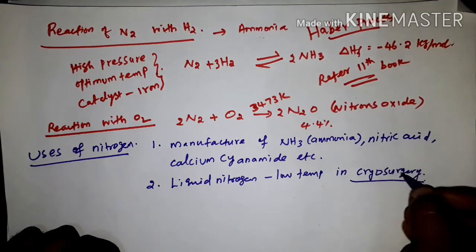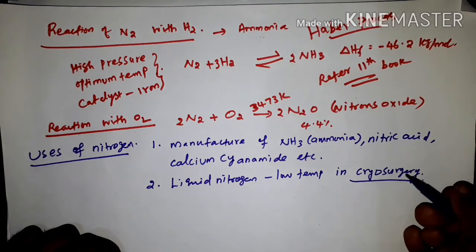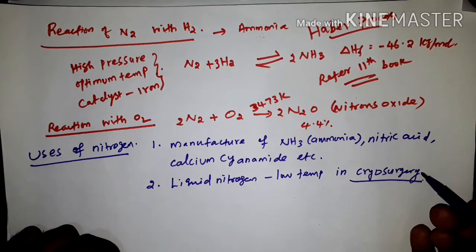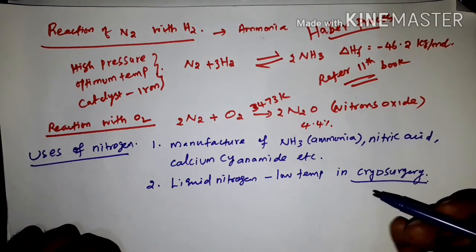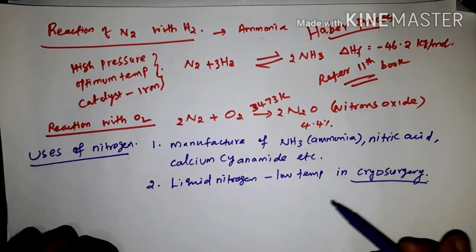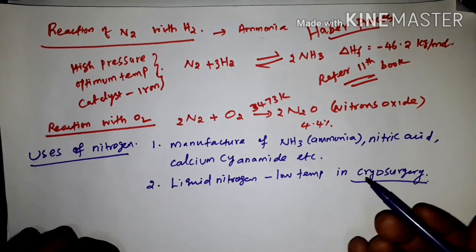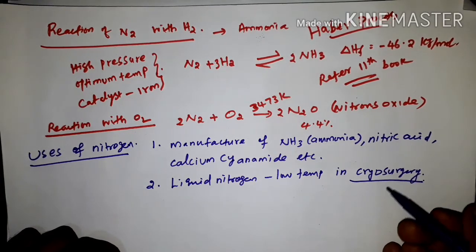Regarding this cryosurgery, I added one video clip. Just watch the video, then you can understand about cryosurgery and how it helps in medicine, and how this liquid nitrogen is used to make the lower temperature during cryosurgery.